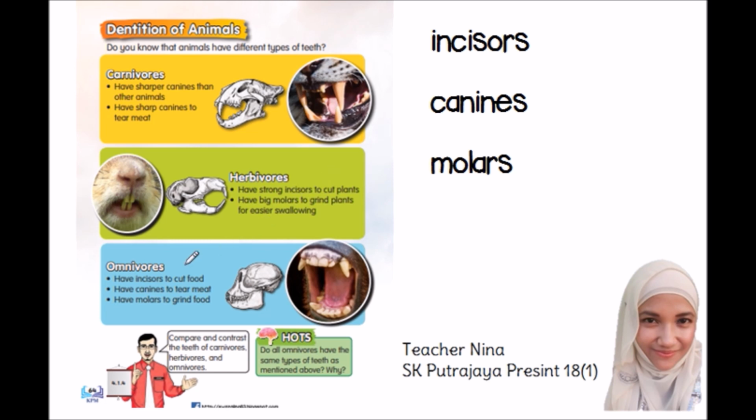Now let's look at omnivores. Omnivores have incisors to cut food, canines to tear meat, and molars to grind food. Hey, this is about the same with humans' teeth.